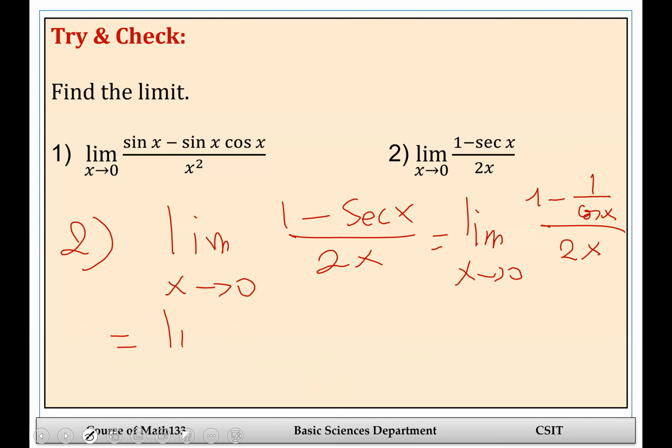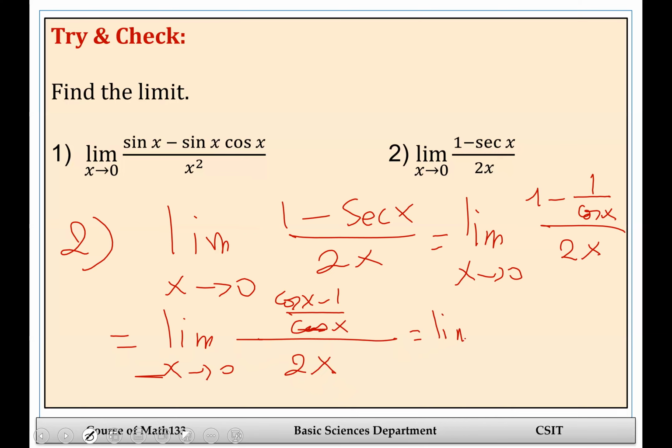So it will be equal to the limit as x approaches 0, and I will take common denominator cosine x. It will give cosine x minus 1 over cosine x, and the whole thing over 2x. That I can write as the limit as x approaches 0 of cosine x minus 1 over x times 1 over 2 cosine x.